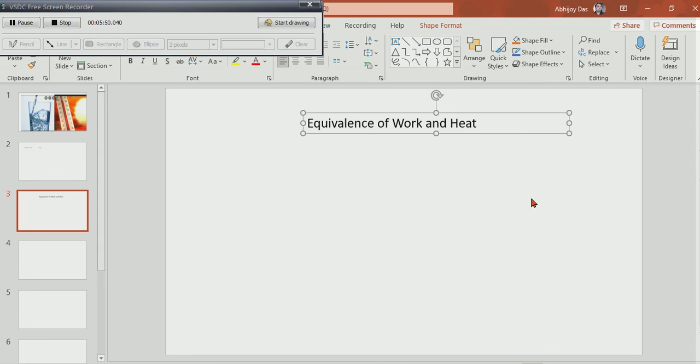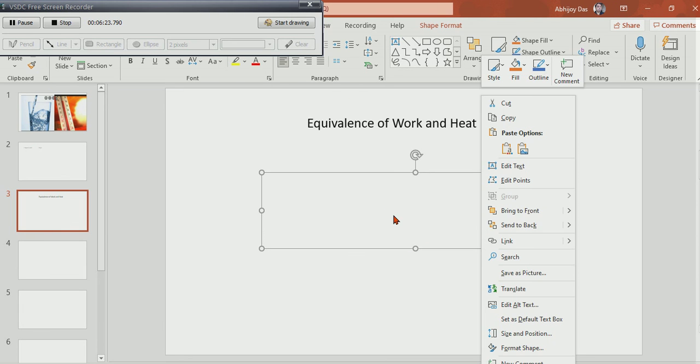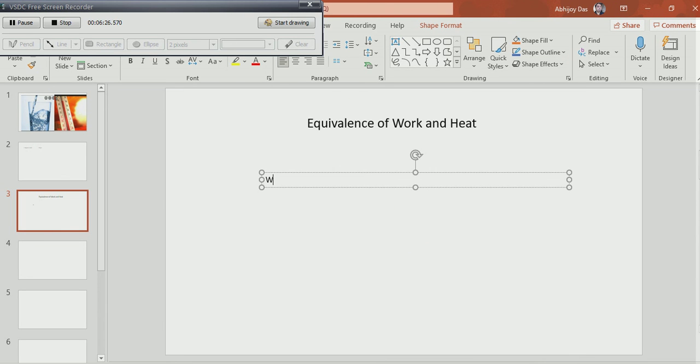So work and heat are proportional. Means what? If work increases, heat increases.